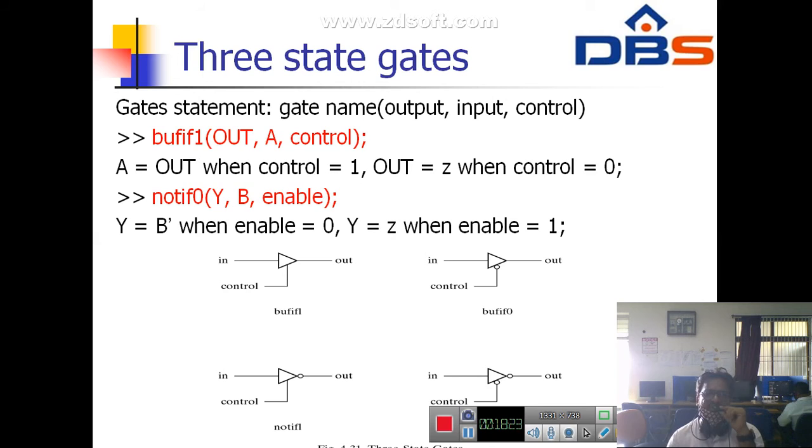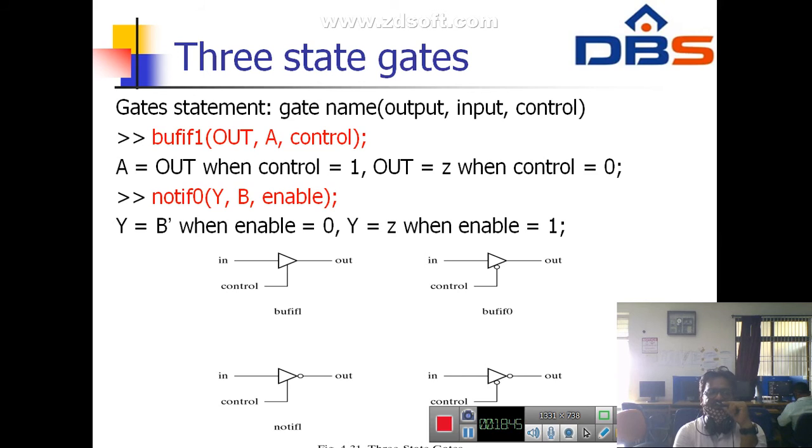If we are using bufif1, we write: bufif1 out, a, control. So out is equal to a when control is equal to 1, and out is equal to z when control is equal to 0. Another instruction, notif0, takes y, b, enable.